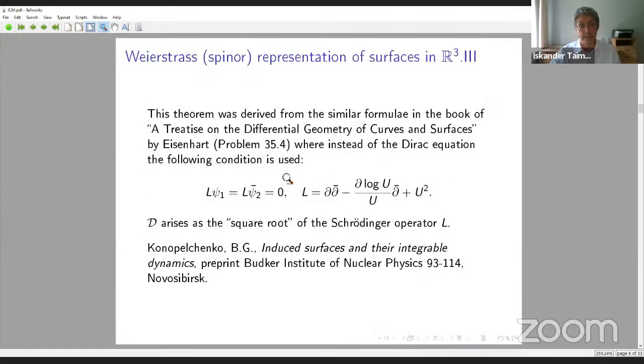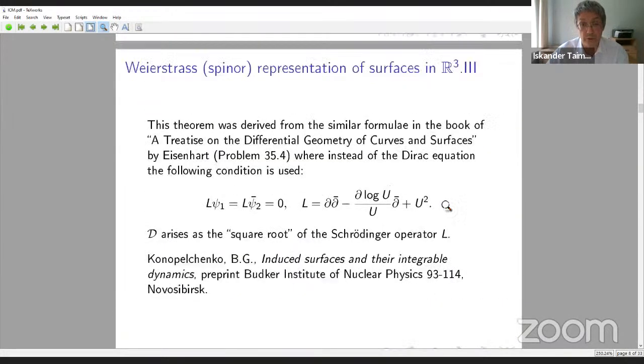And that was done in the article by Konopelchenko, Induced Surfaces and Integrable Dynamics, which was published as a preprint of the Budker Institute of Nuclear Physics in 1993. I picked this quote because the article itself was published much later, three years later, in a journal. But I would like to point to the beginning of the story for myself, at least.